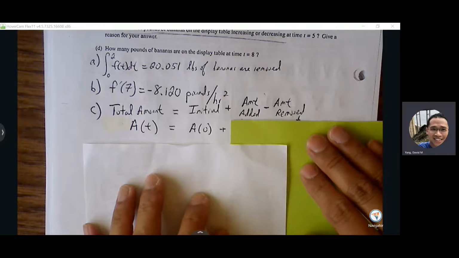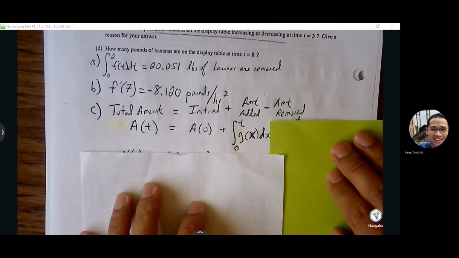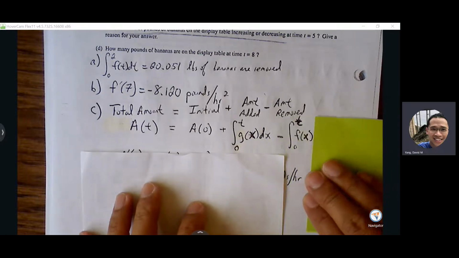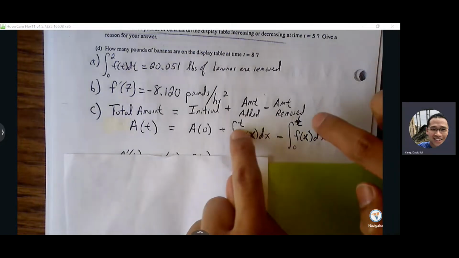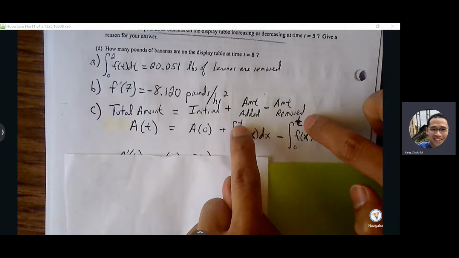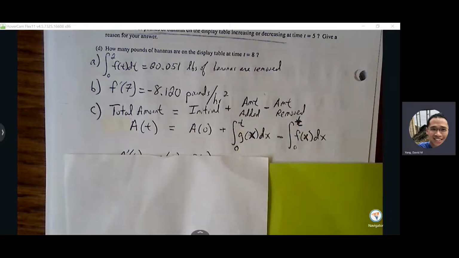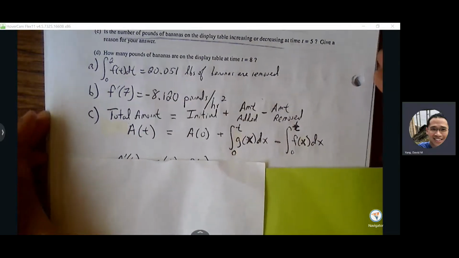So that's the integral of g of t, right? We know g of t is the rate, minus the amount removed. That's minus the integral of f of x. Okay, I'm leaving that flexibility of t with the upper bound, but I have something that's not quite right. Can you spot something with the bounds?